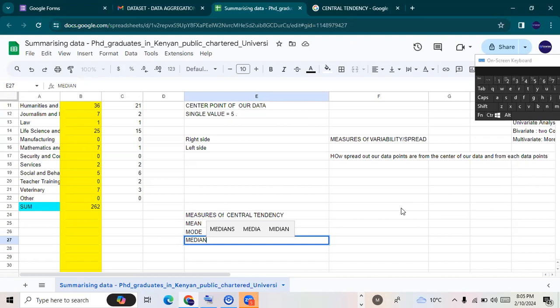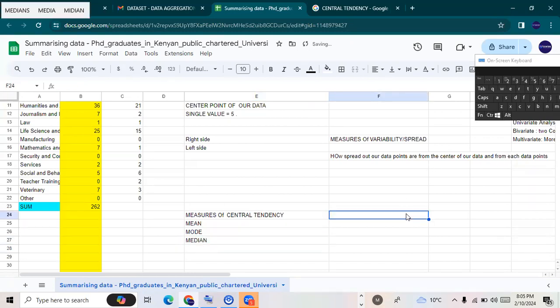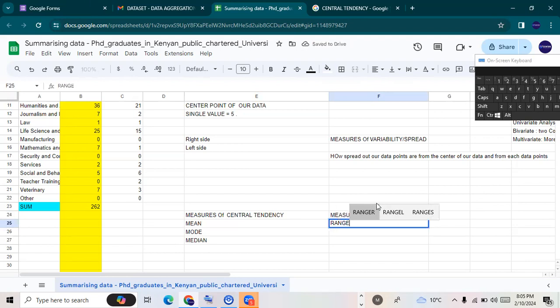Now, whenever we are thinking of measures of spread, how our data points are spread from each other and from the center, we look at three things as well. The first thing to look at is our range.